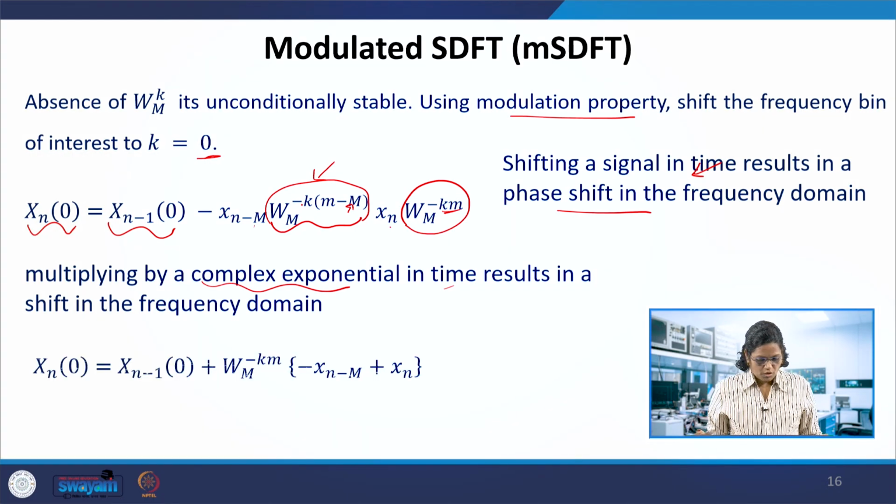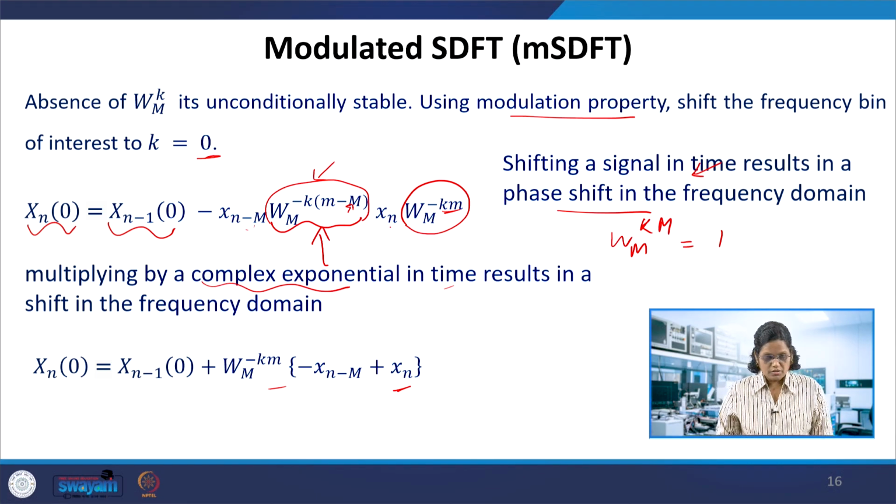So use this modulation property. So this is reduced to now W_M^{-kM}, and here W_M^{-k·(-M)}, we have also seen in the previous case that W_M^{kM} would become 1. Okay, so this is reduced to only x[n-M] and x[n], multiplying with the complex exponential.